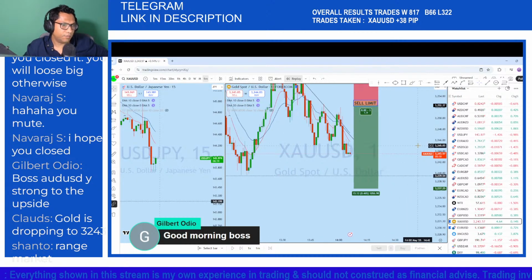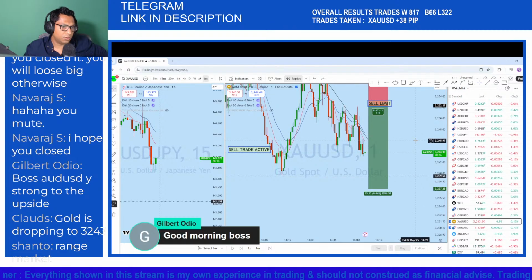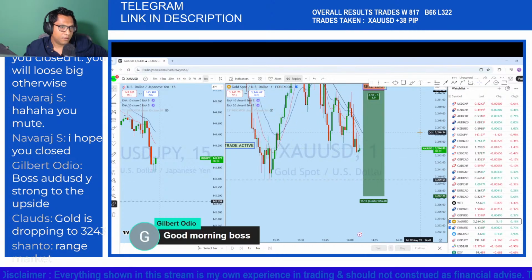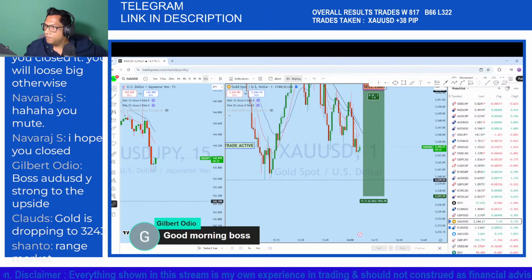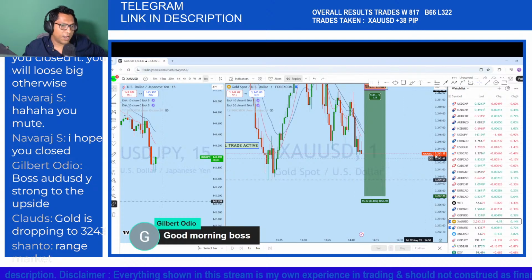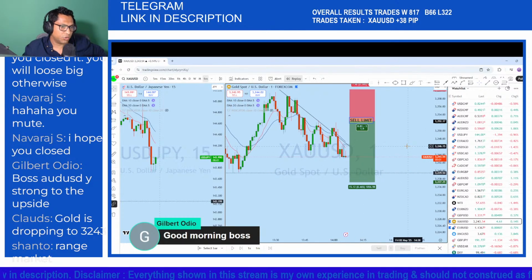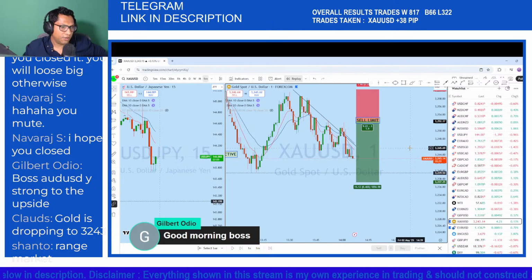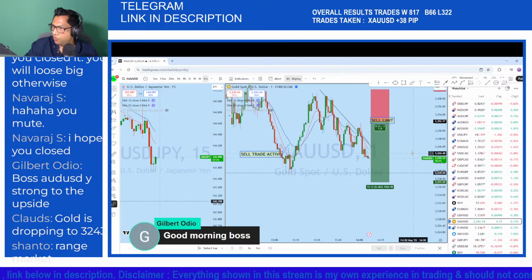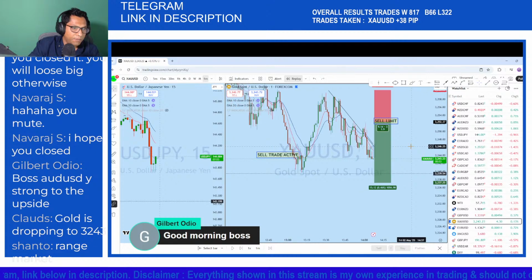Okay, we see that it's not being able to break the high. Not being able to break the high, the bearish drop is possible here. We see the market trend is down, so we're still holding it for a potential break below.